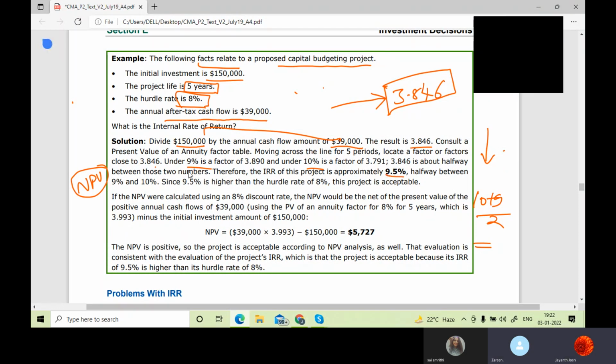So what is your hurdle rate, your required rate of return, the minimum return? 8. And on average you are getting 9.5. If the expectation is this and you're getting this, can you accept the project? Yes.